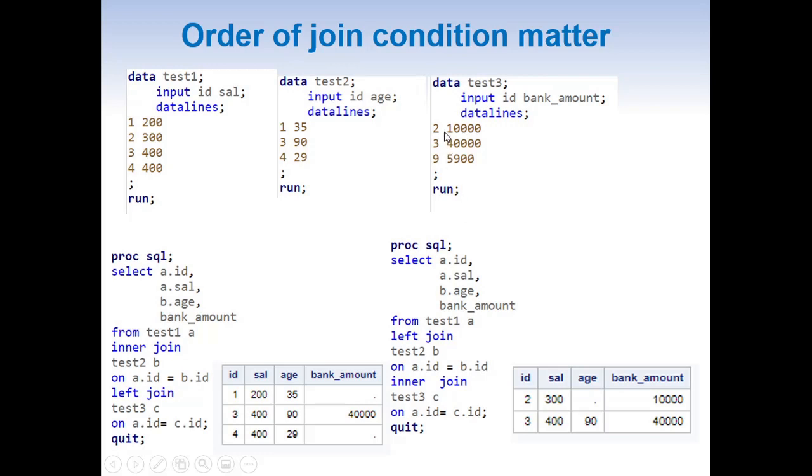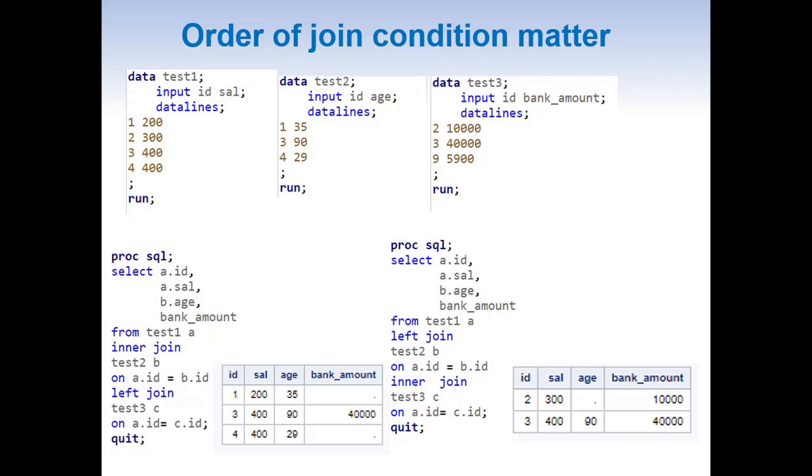As you see, with the inner join, only 2 and 3 match. So even though my temporary result set has 1, 2, 3, 4, once I have told it inner join, it is going to have the 2, 3 information only. So in the final output we have 2, 3 and we have 300, 400, because for 2 the age is not there, so it will be missing.